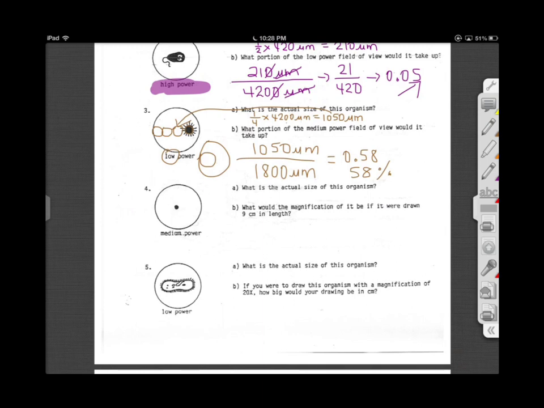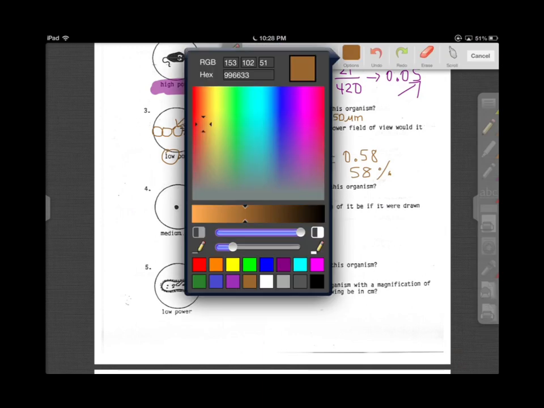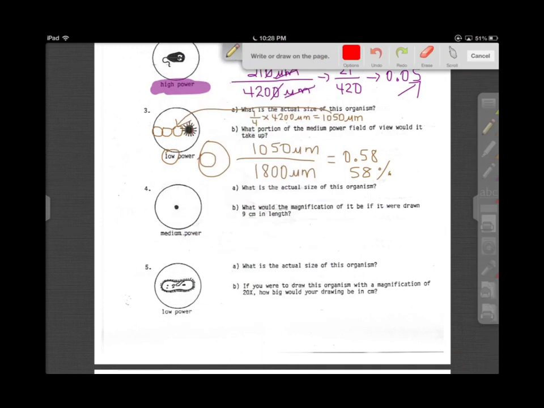At this point, let's switch up our pen color, we have something new to consider. You were figuring out the specimen actual size here, right? That was when you were figuring out, for example, how big is he really? By doing that fraction times your field diameter, the diameter of your field of view.